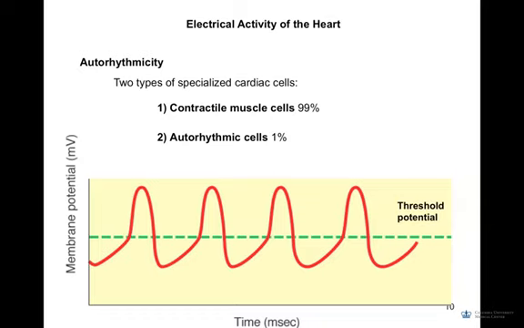So without any external stimulation, these autorhythmic cells are able to generate action potentials at a particular frequency, meaning a particular number of action potentials per minute. Okay? So we're going to look at these two different cells and the different action potentials that we see in each of these cells.